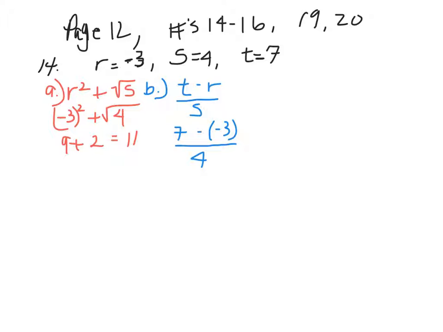What are we doing when we subtract a negative? When we have two negative signs together like that, it means plus. 7 plus 3, that's 10. 10 divided by 4, that's about what? 2.5? 2 1/2.